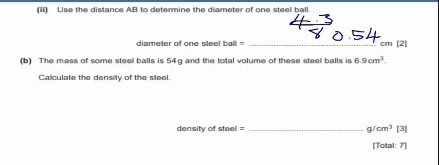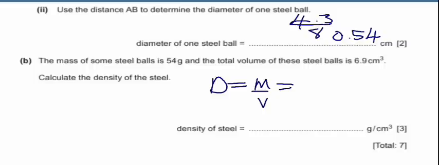Then as for B, the mass of some steel balls is 54 grams and the total volume of these steel balls is 6.9 centimeters cubed. Calculate the density of the steel. Density is equal to mass over volume.